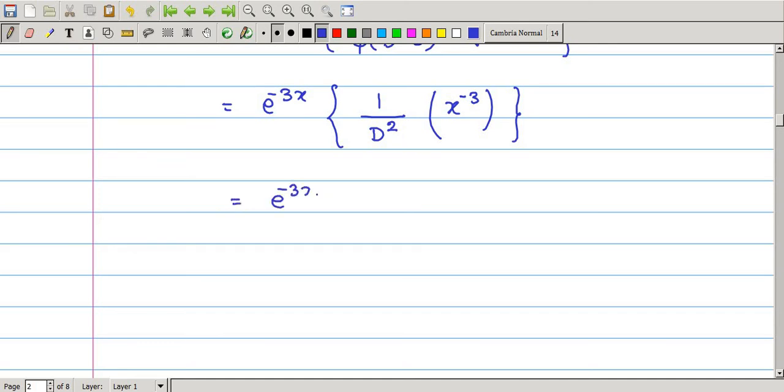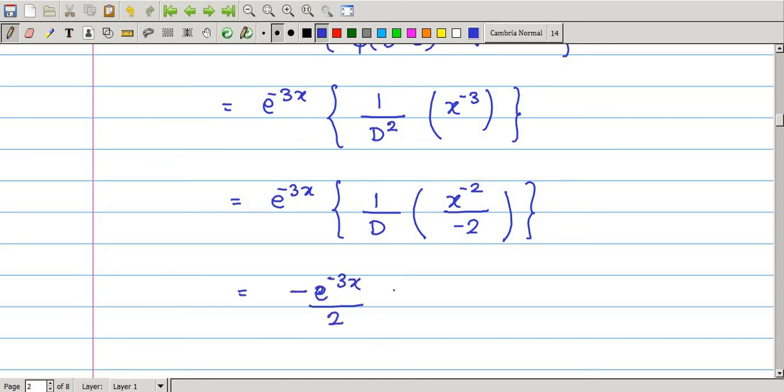So we simplify. If we operate 1 upon d on x raised to minus 3, that value will be x raised to minus 2 upon minus 2. So it is equal to minus e raised to minus 3x upon 2 outside, and this integration will be x raised to minus 1 upon minus 1.